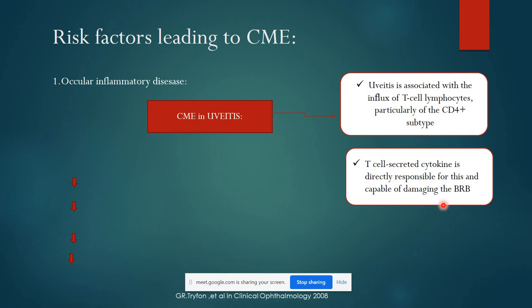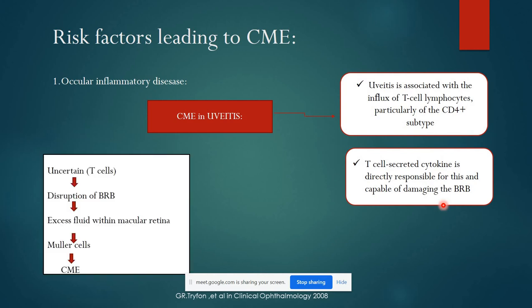So whenever there is T cell release, these T cells increase the cytokines, which disturb the blood retinal barrier. Once the blood retinal barrier is disturbed, we all know what the blood retinal barrier is. Till the choroid we get blood vessels, and then blood is not pumped into the retina.